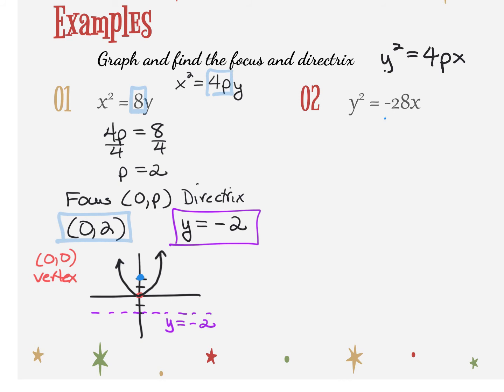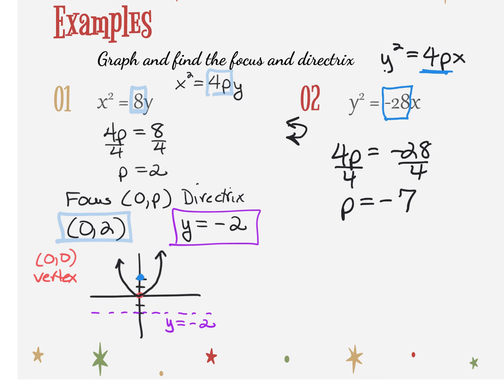I'm taking this number, the -28, and setting it equal to 4p. Divide by 4, and my p-value is -7. Notice I've got a negative p-value, and it's a y squared, so this tells me my graph will be the backward C.